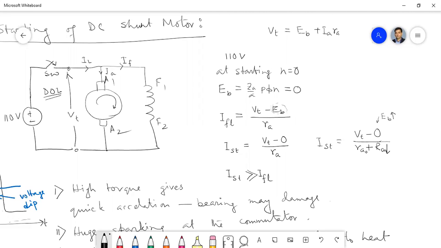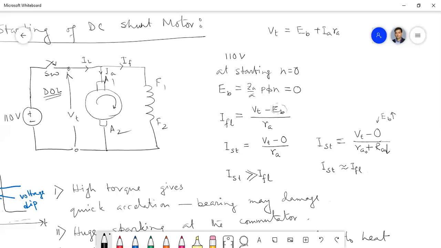Is that point clear? Initially, I will connect some resistance in series with the armature so that the starting current can be reduced at least to near about the full load current, because the armature can withstand full load current anyway.